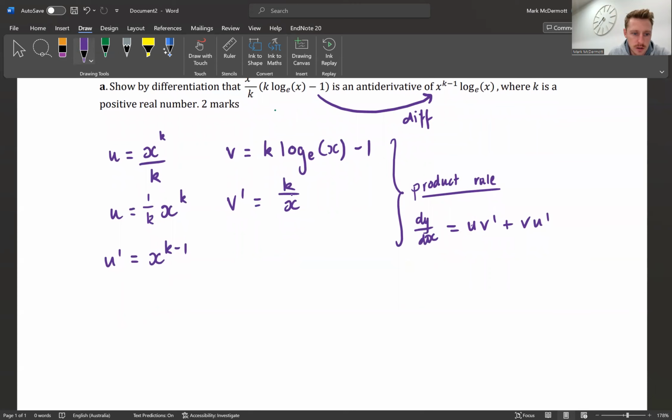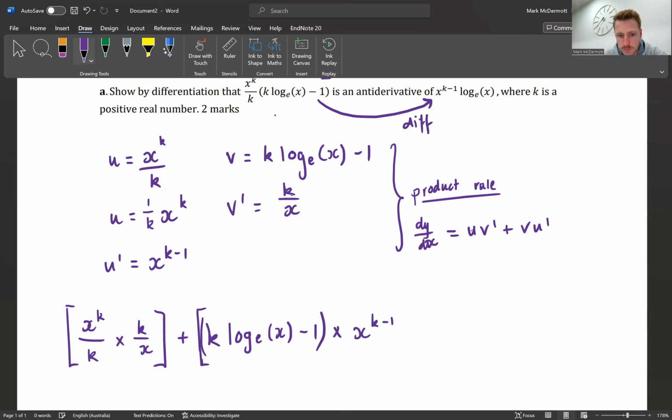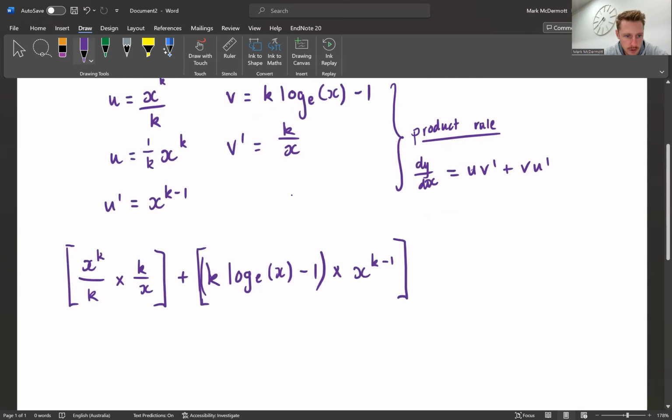So u v dash, that's going to be x to the k on k times v dash, times k on x, plus v u dash. So that's going to be k log base e of x minus 1, and all of that's going to be multiplied by u dash, which is x to the k minus 1.